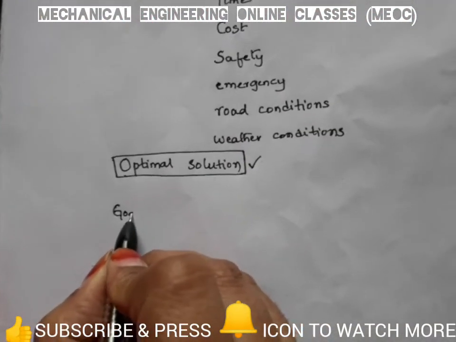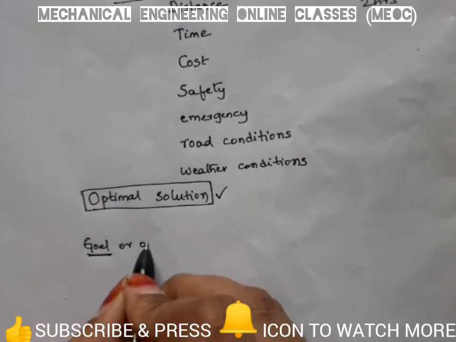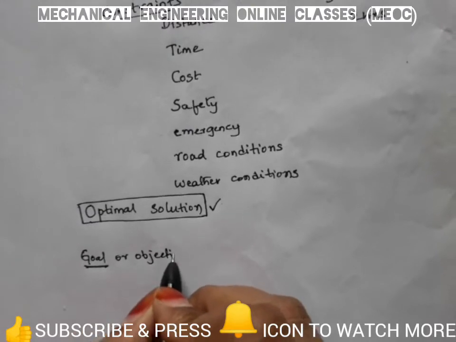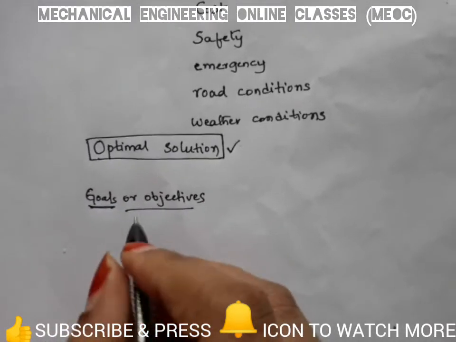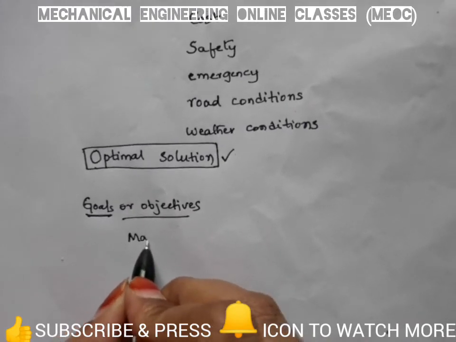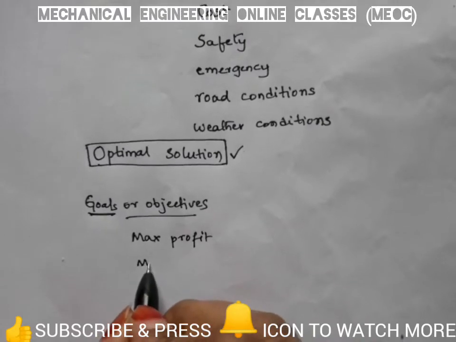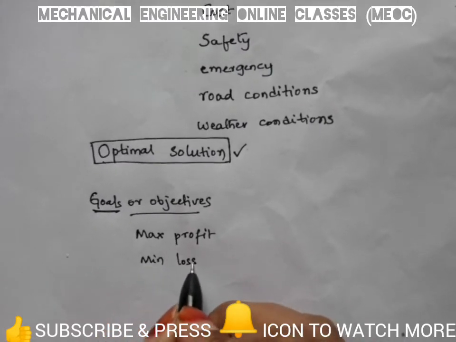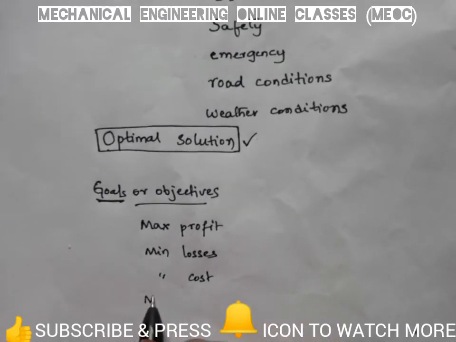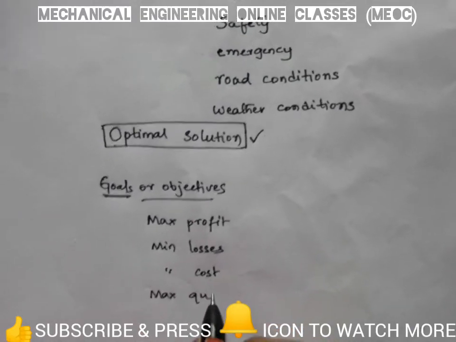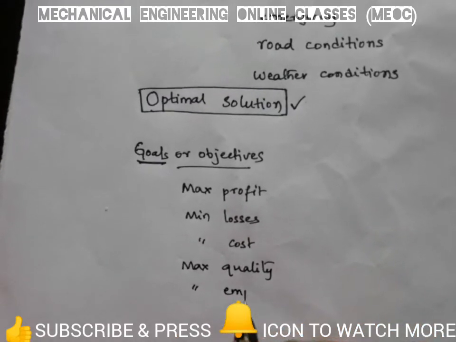In the previous case we considered only one goal or objective, but when you are running a mechanical industry, you might have one or more objectives, like you want to maximize your profit, you want to minimize the losses, you want to minimize costs, you want to maximize the quality, you want to maximize the employee satisfaction.